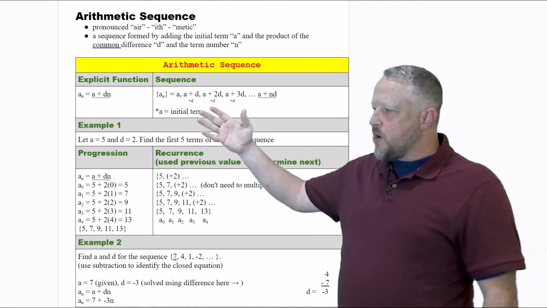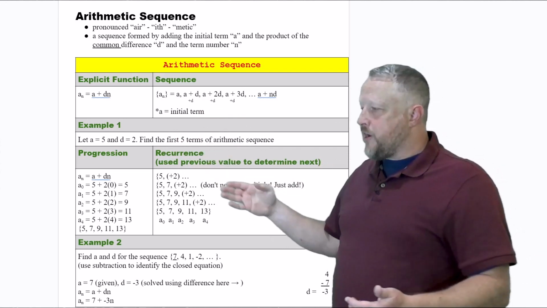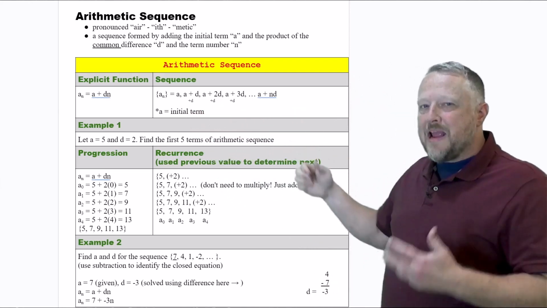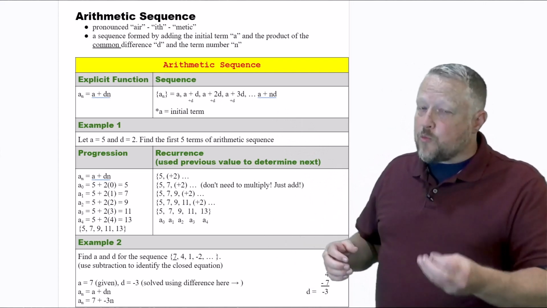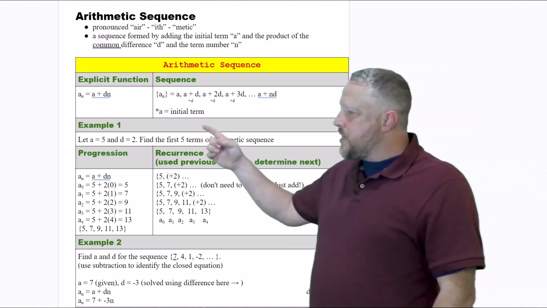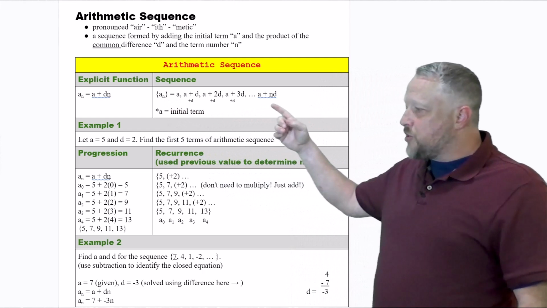So let's go over the sequence. Even on the previous page, you had a pattern of something happening to make that sequence come alive. And again, that pattern was important to establish that overall set. It's the same idea here, where we're going to have an A of n. We're going to go from A all the way to eventually n.